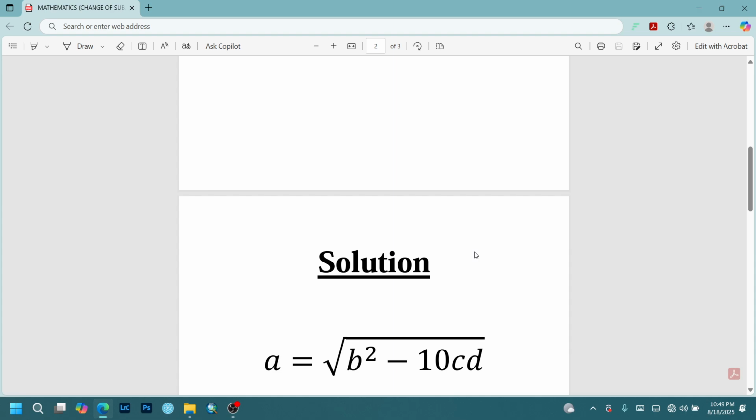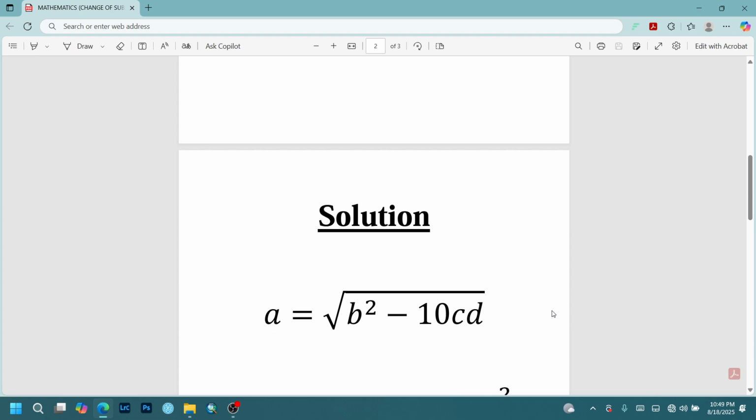When you have a question like this, you have to eliminate the square root. In eliminating the square root, you have to square both sides of the equation, both the left-hand side and the right-hand side, to eliminate the square root.